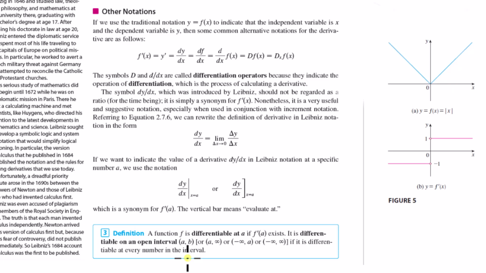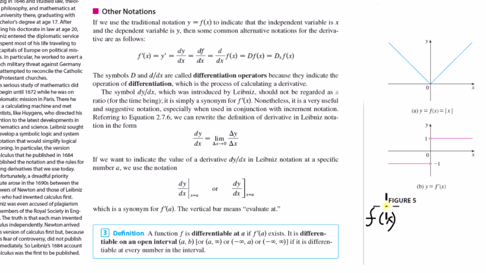Okay, so the idea of differentiability, if you're asked the question, you're given a function. You have some function f of x, and you're asking the question, where is f of x differentiable? And where is it not differentiable? The answer to this question is very simple.